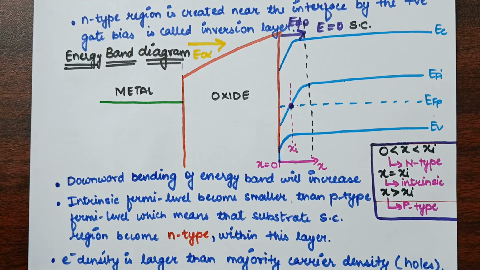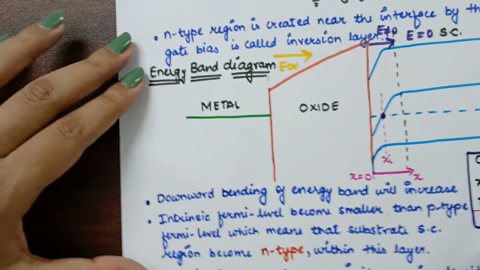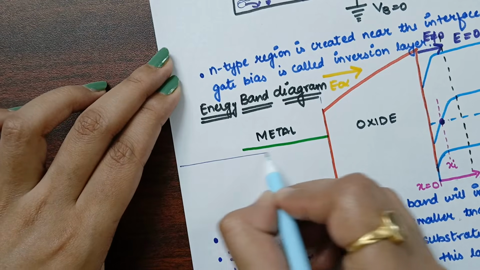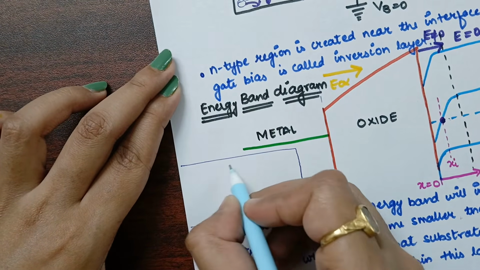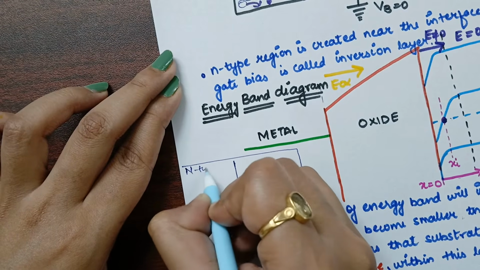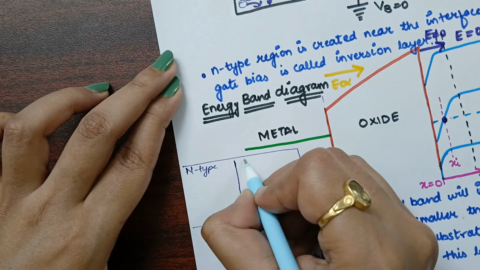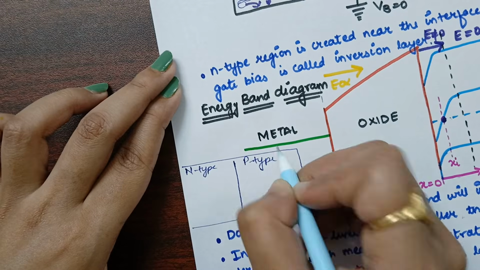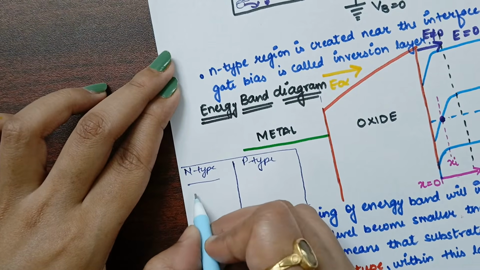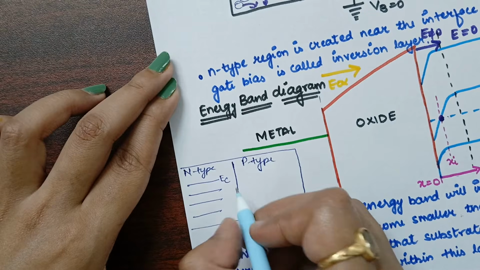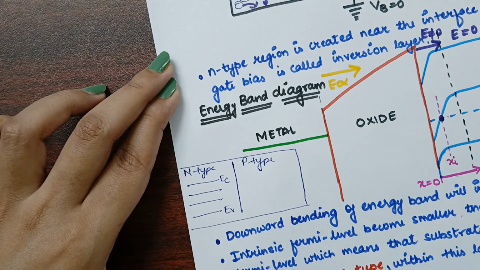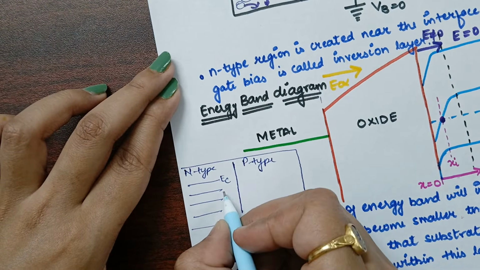Okay, in simple explanation, if you consider an n-type material, here I am considering n-type and here I am considering p-type. In general, this is EC, this is EV.